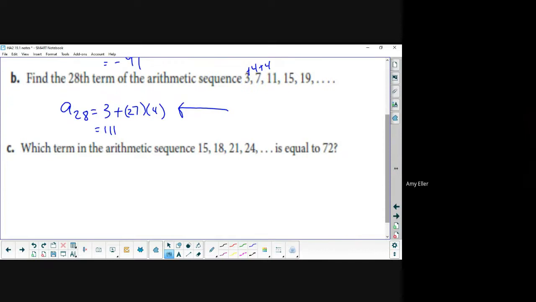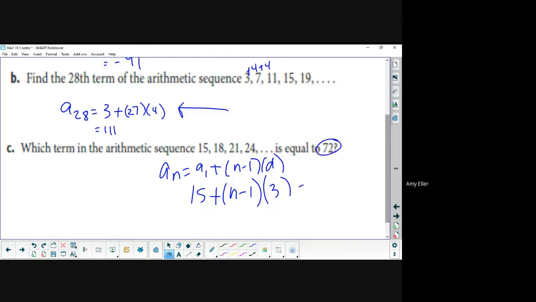All right, which term in the sequence is equal to 72? Well, let's start with what we know. Here's a good formula or place to start. I do know the first term is 15. I don't know what n is. I'm trying to figure out what term I'm at. I know the difference. We're adding 3 each time. I would like this equation to come out to equal 72.